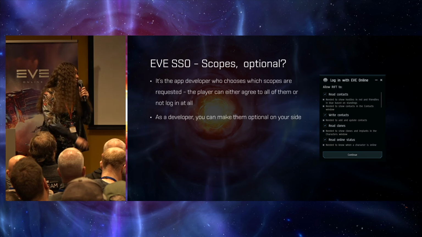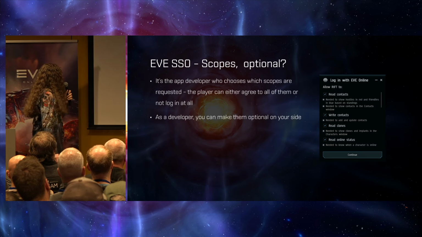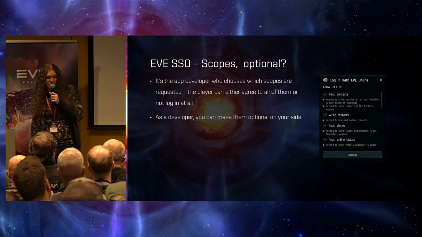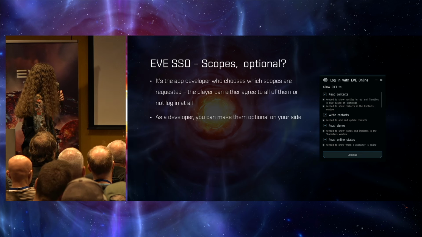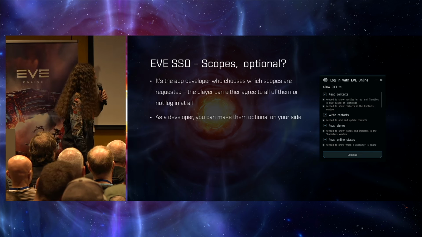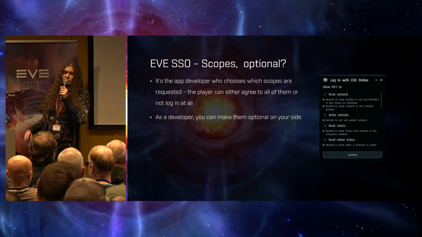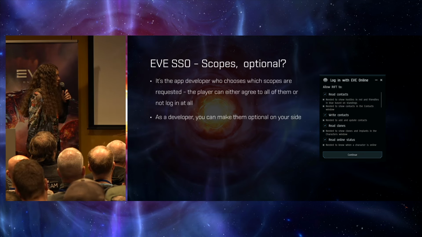So on this Rift screenshot is how I did it for login in Rift. So basically you get a list of all of the scopes or permissions, and each of them has a checkbox. So you can just check or uncheck any of them that you like or don't like to give access to. And then only when you press the continue button, the actual login flow on the EVE Online website starts.